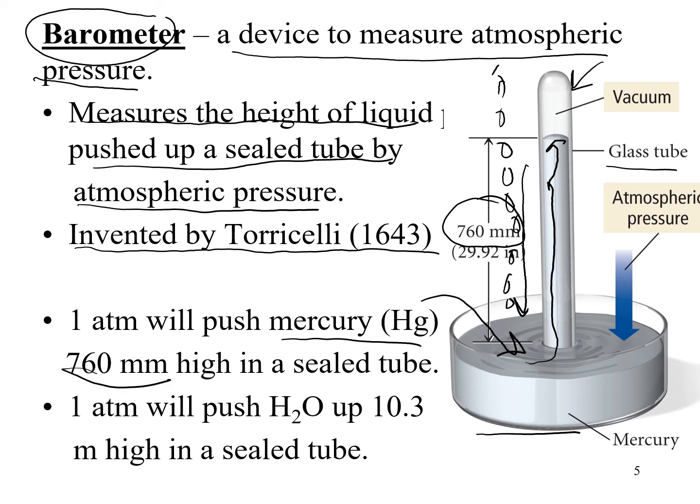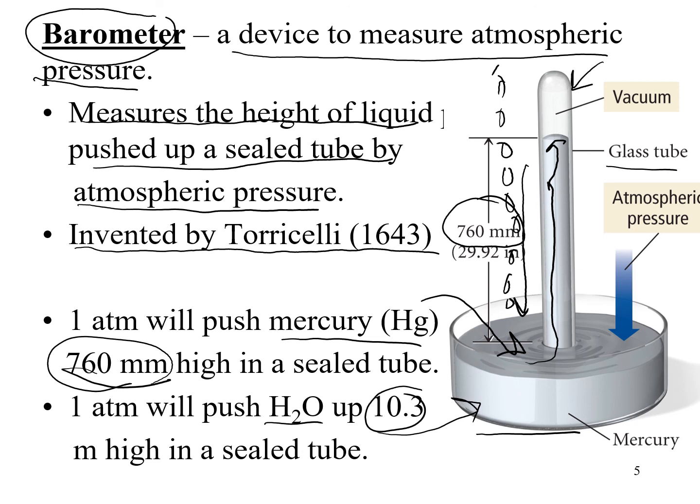So I do want you to remember that definition as well. At sea level, atmospheric pressure can also be defined as 760 millimeters. If I was to have water inside my tub here, water would go up a sealed tube up to 10.3 meters.